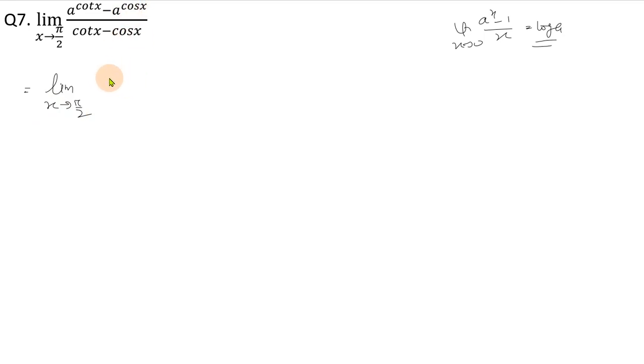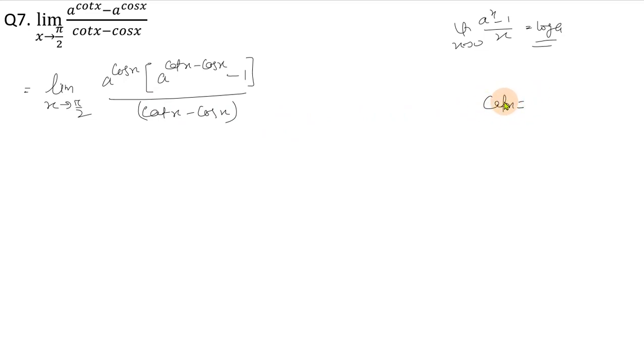Taking a power cos x common, we can write a power (cot x minus cos x) whole minus 1 divided by cot x minus cos x. So look, cot x is cos x by sin x as x approaches pi by 2. So this term is cos pi by 2 upon sin pi by 2, so this is 0 upon 1 equal to 0.